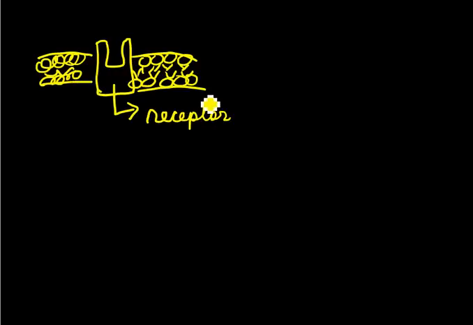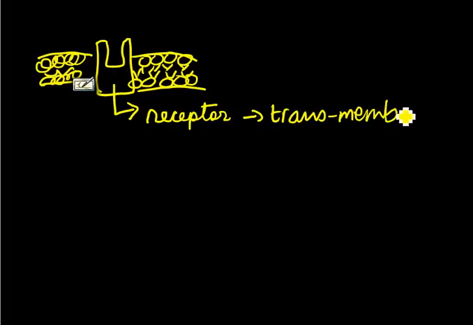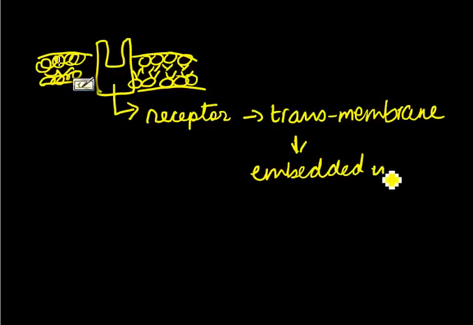Now this receptor is a specific one. It's a transmembrane receptor. What transmembrane means is that it's embedded in the plasma membrane. See, same thing with my dots again, they just don't show up. Okay, so it's embedded in the plasma membrane. Now, this is the basic structure, basic setup of the receptor.